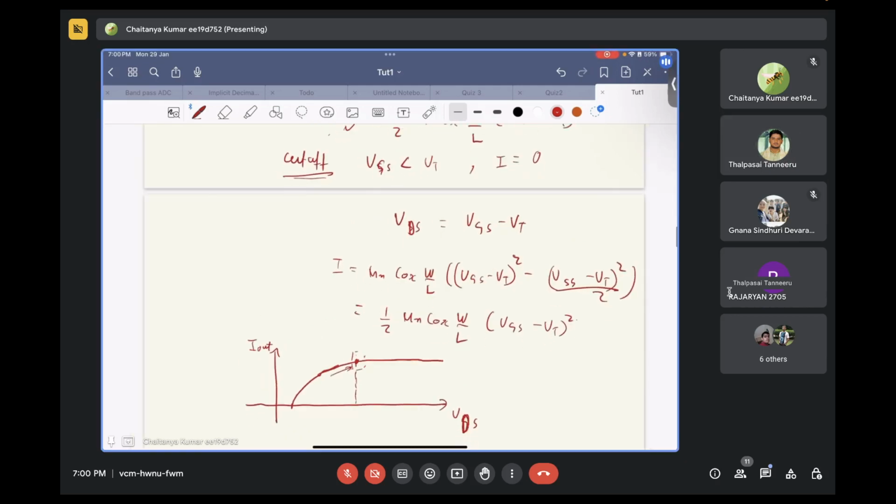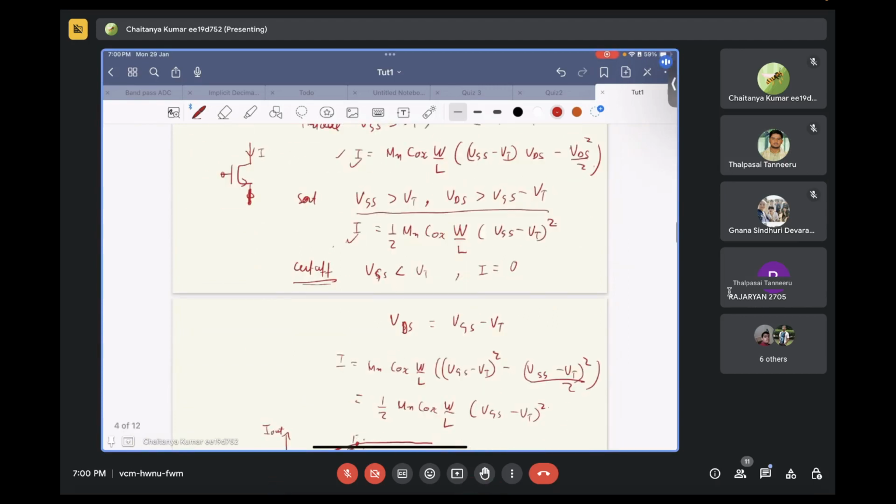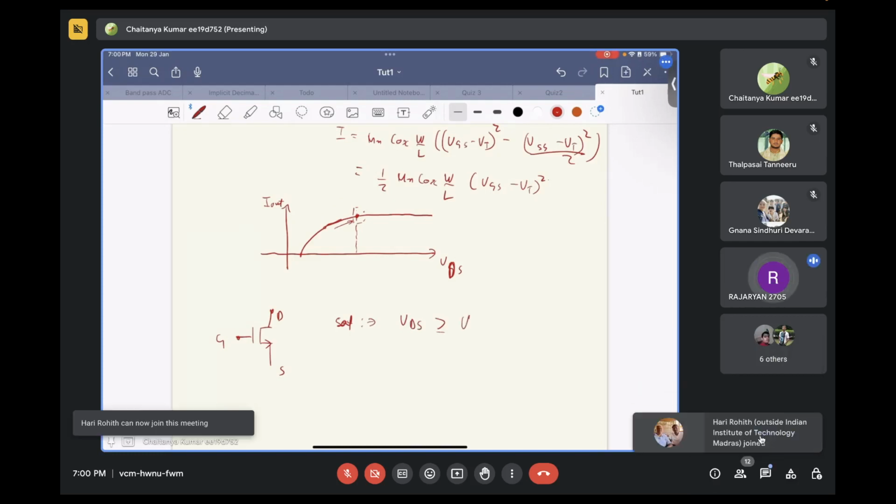Other thing is, now these equations you should keep in mind because these are fundamental equations. But while solving the questions, you need to be quick. So for that, what you can remember is, let's say this is the source terminal, this is the drain terminal, and this is the gate terminal. So for saturation, the condition that you had was that VDS should be greater than or equal to VGS minus VT.